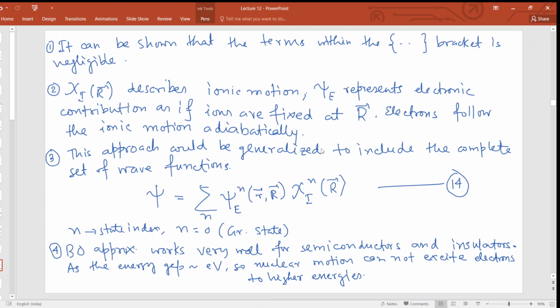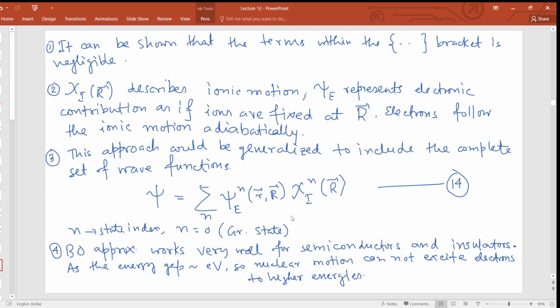Okay, so this approach could be generalized to include the complete set of wave functions, where we will get a product of the electronic wave function and the ionic wave function, and we are summing it over a set of n, where n denotes the state index. Okay, so if n equal to 0, then this will be the ground state.